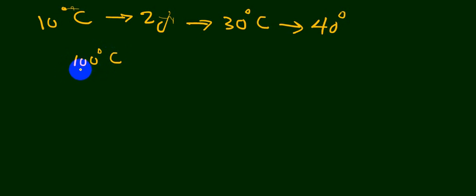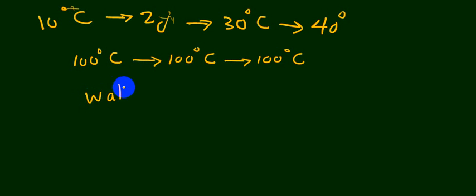At 100, the temperature remains constant, doesn't change, doesn't increase. It will be 100 also, till all the liquid water changes into steam. After changing water into steam, the temperature starts to increase again.